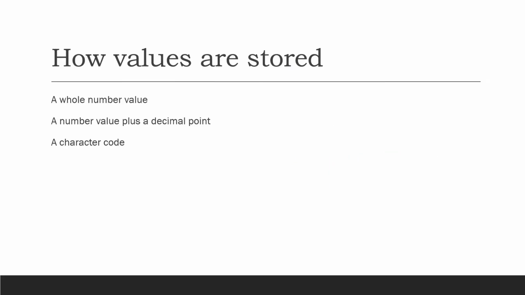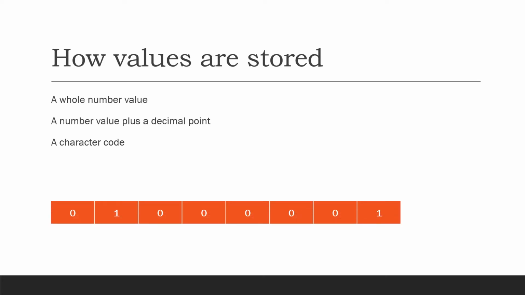So how are those values stored inside the computer's memory? The computer's memory consists of a lot of microscopic electronic circuits that can either carry an electrical charge or not. We say the circuits are either on or off.